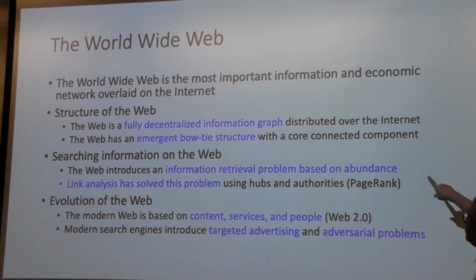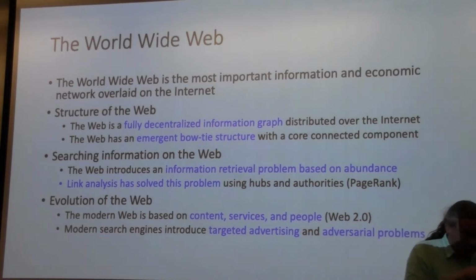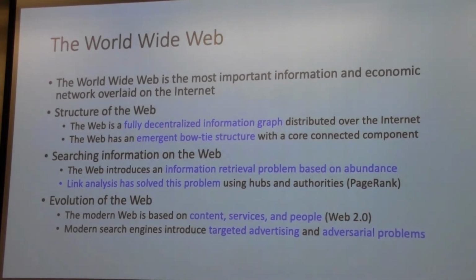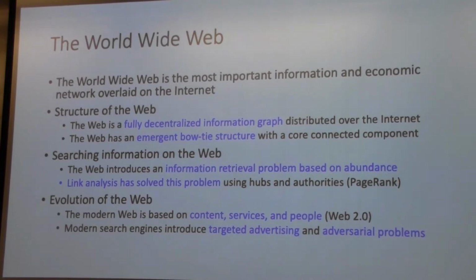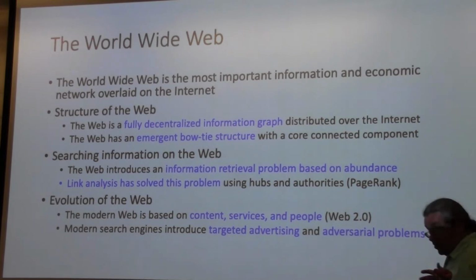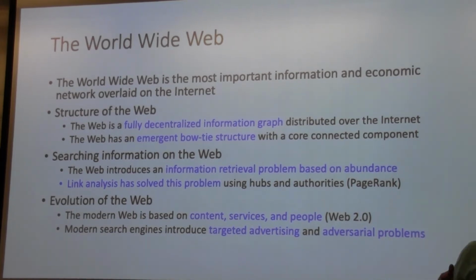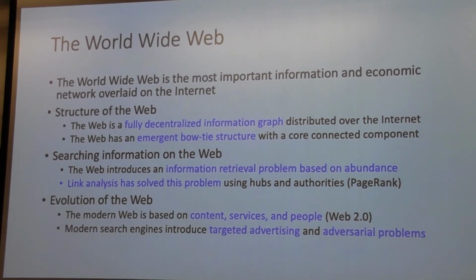It's fully decentralized. There's no single control anywhere. It has an emergent structure, which I'll explain. The whole decentralized state has a structure that you can analyze, which emerges. It means that no one organization decided on this. It's a property of the underlying laws of how it's built.